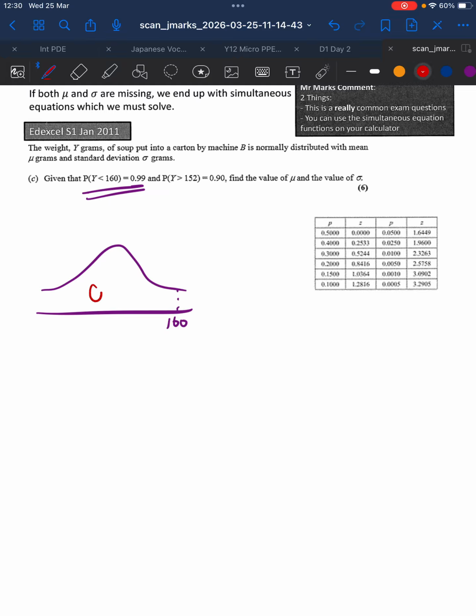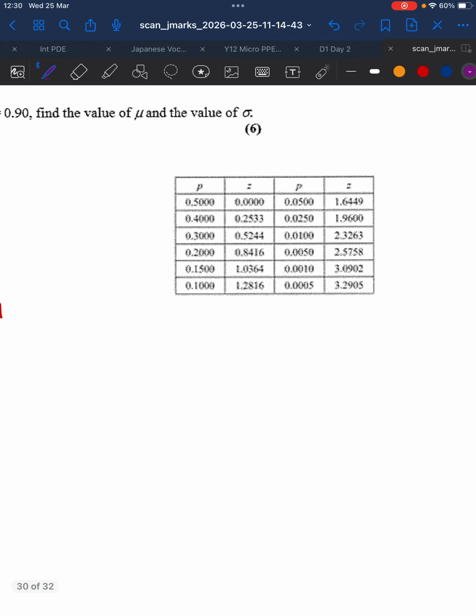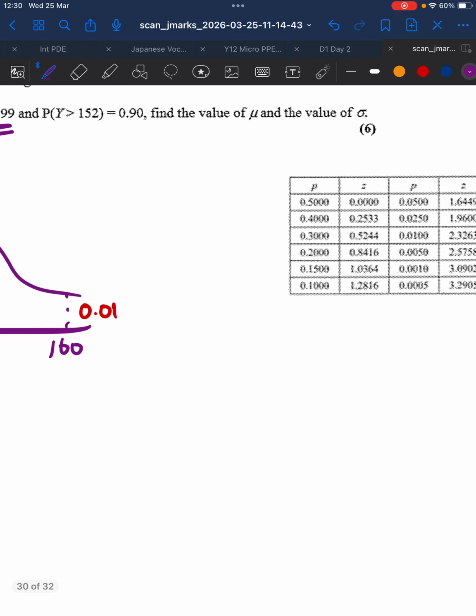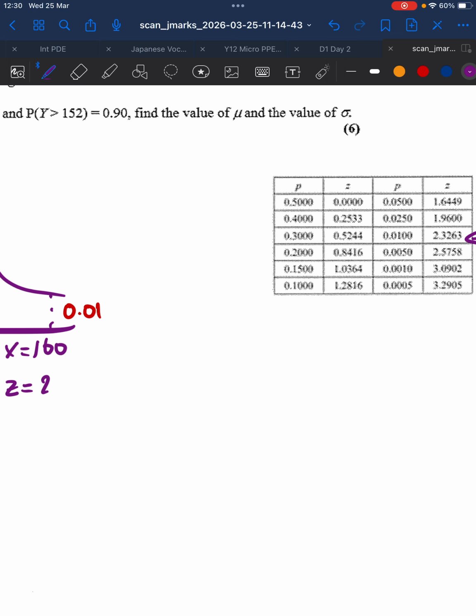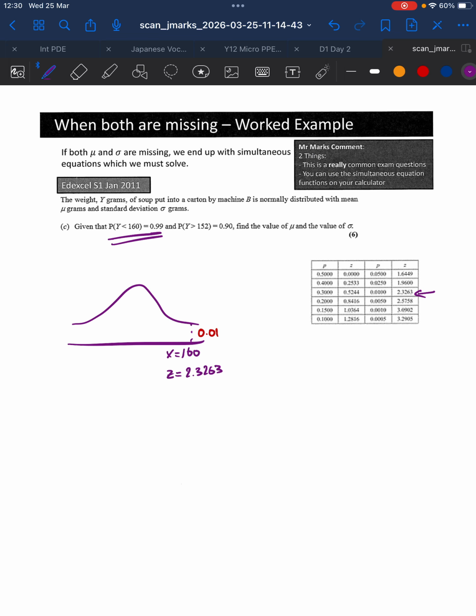Because it means all of that is 0.99, which also means that this is 0.01. That sounds like a value that would be in the table. Yep, there it is. So I'm going to write z equals 2.3263.